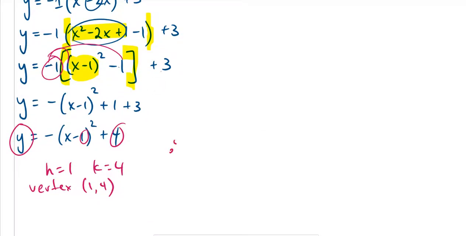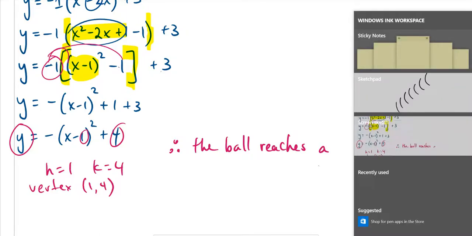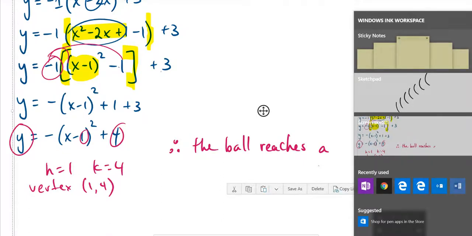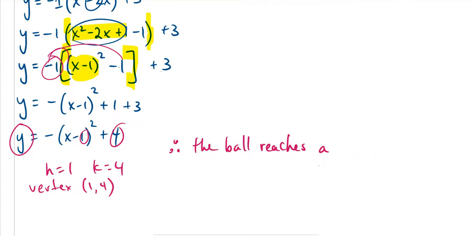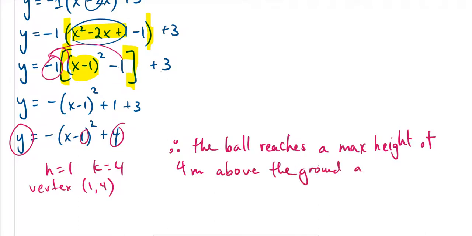So therefore, the ball reaches a max height of 4 meters above the ground at 1 meter from the fence.